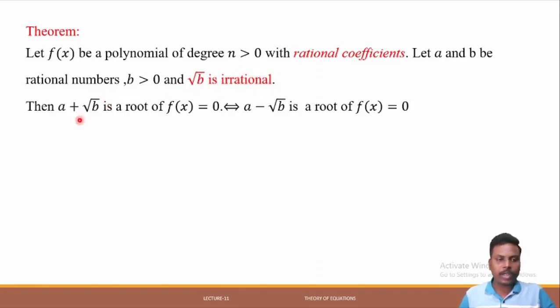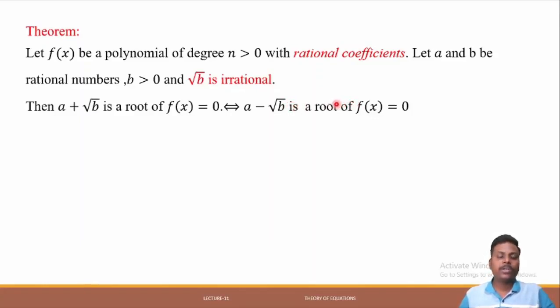Then what they are telling is a plus root b is a root of f of x if and only if a minus root b is a root of f of x is equal to 0. That is, if a plus root b is a root of f of x is equal to 0, then a minus root b is also a root of f of x is equal to 0, vice versa.